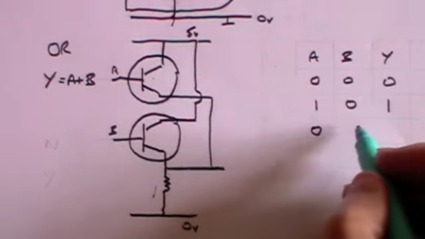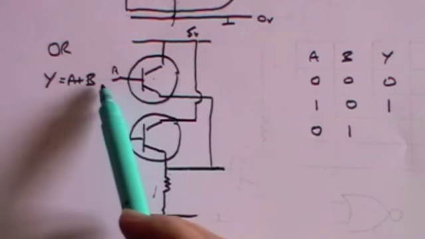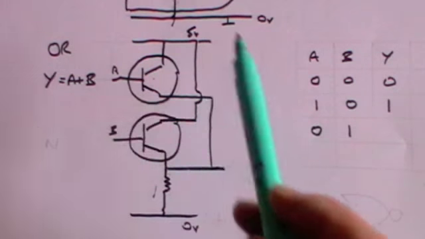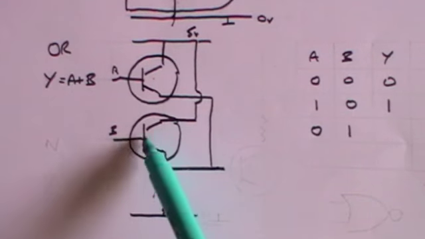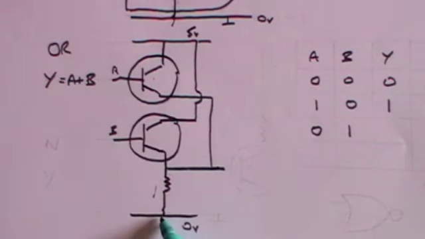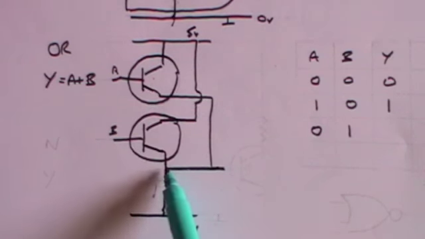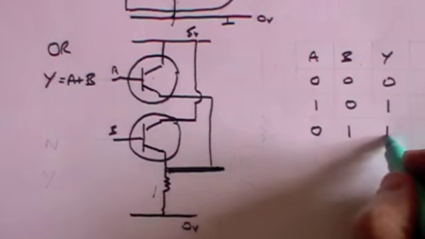And I think you can see fairly easily that the same is true if it's the reverse. If A now has no voltage, there'll be no current going that way. But if B has a positive voltage, then the current can flow through the transistor and down here. The potential is dropped across this resistance, which means that the output here has a positive voltage.